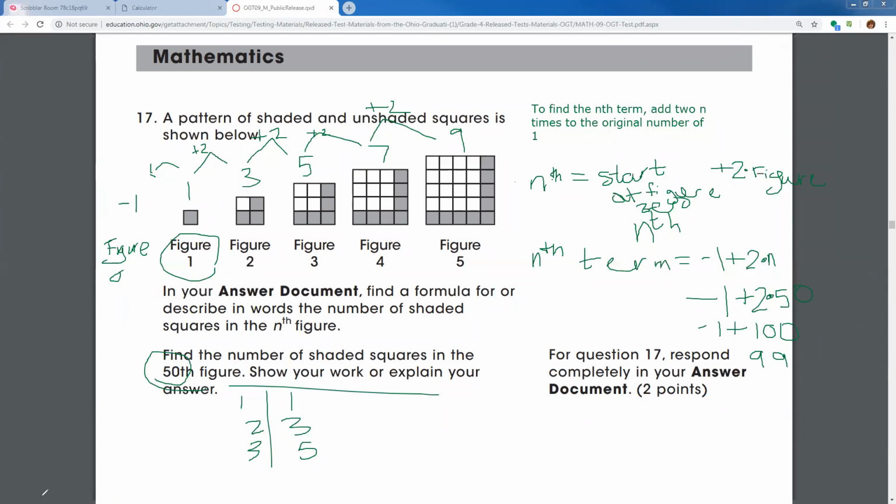Okay, how to explain the answer. So, do you prefer the just verbal explanation, or do you prefer the actual formula? Which one would you want me to clarify? The verbal. Okay.